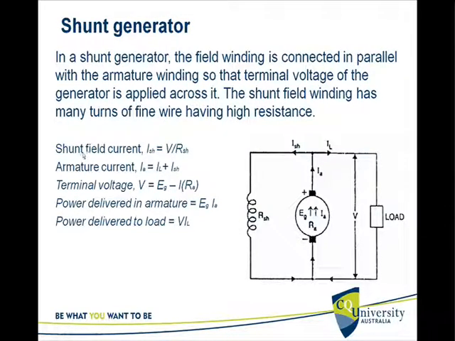So the shunt field current is the voltage divided by the field resistance. Armature current is the addition of the load current plus the field current, which is Ia.